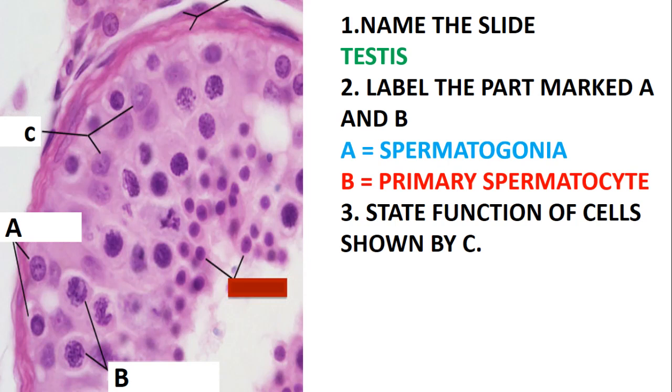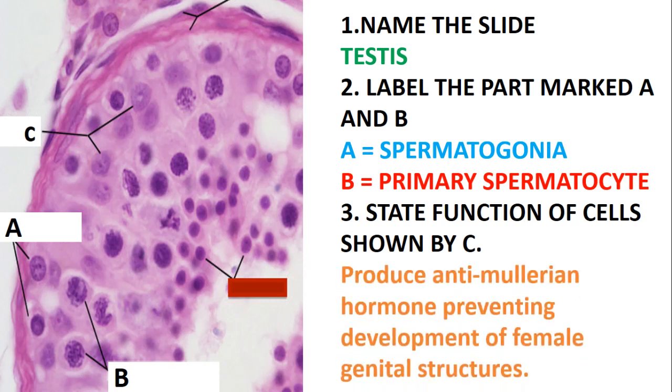State the function of the cell shown by C. The cells shown by C are just the Sertoli cells, and their function is just to produce anti-Mullerian hormone, which prevents the development of the female genital structures.